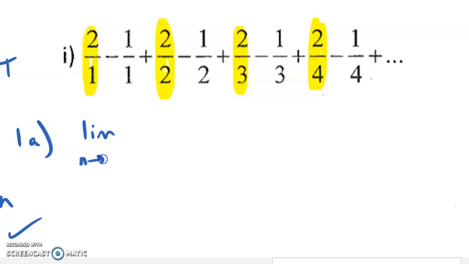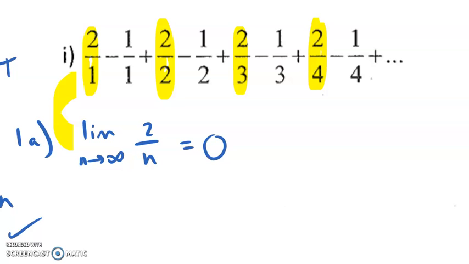We're going to take the limit as n approaches infinity of, let's see, this is 2 over n, right? The numerator is always 2. The denominator is going up by 1 each time. So that's going to approach 0. So that is part of the terms approaching 0.